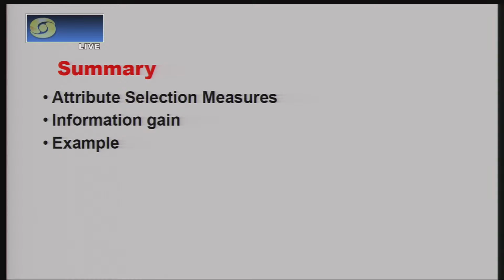We know that decision trees are one of the major techniques for classification. We have seen that attribute selection measures have different techniques, but in today's session we talked about information gain.